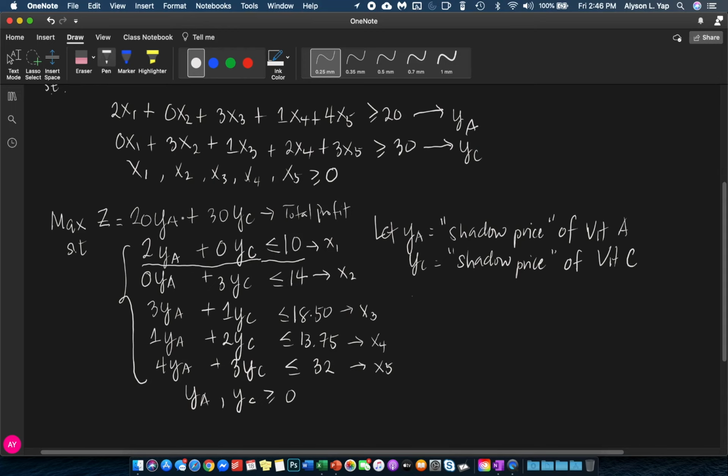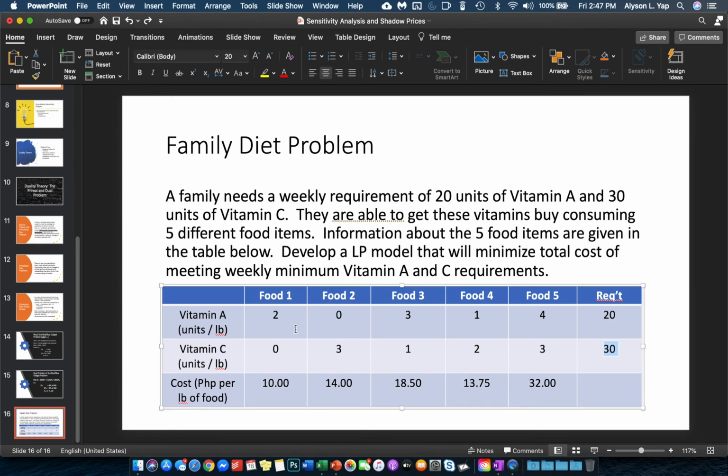Okay? Now, if I am the pharmaceutical company and I know that the family will be incurring this cost, then the price that I'm willing to set for my vitamin A and vitamin C should not be very, very high such that this whole thing still has to be less than or equal to 10. Why? What is 10 relative to food item 1? 10 is the cost of food item 1.